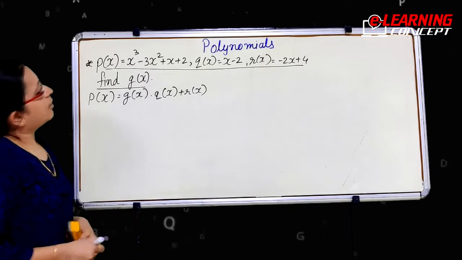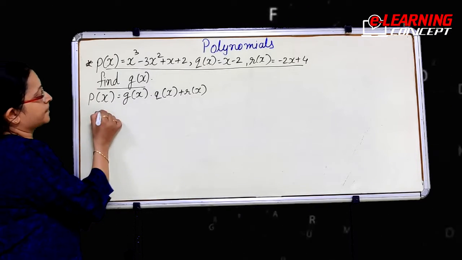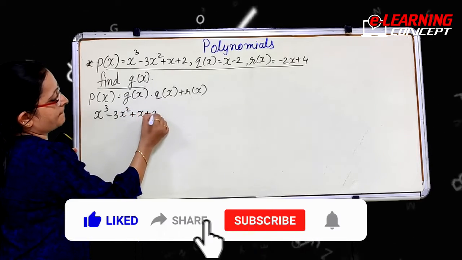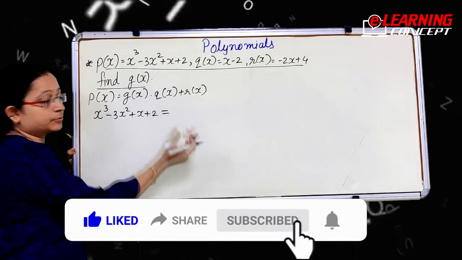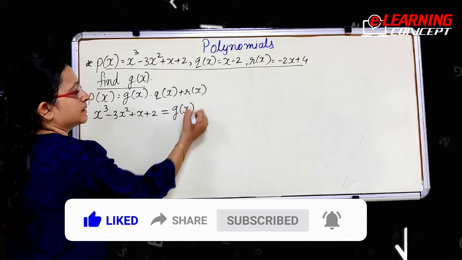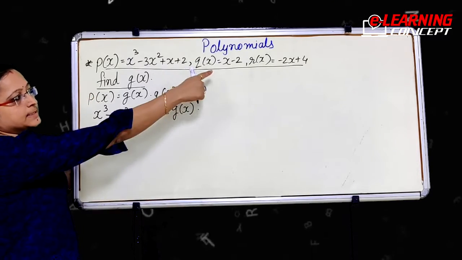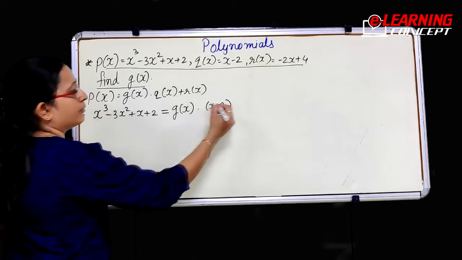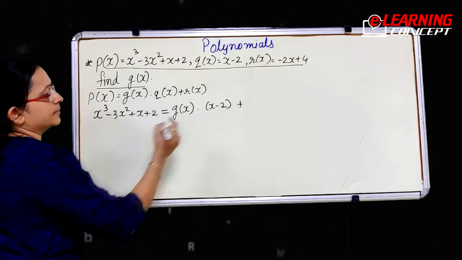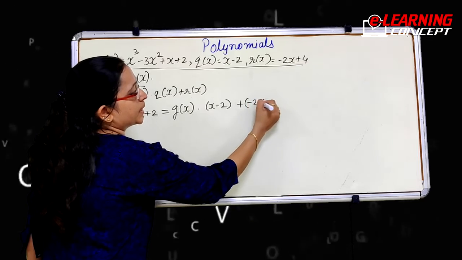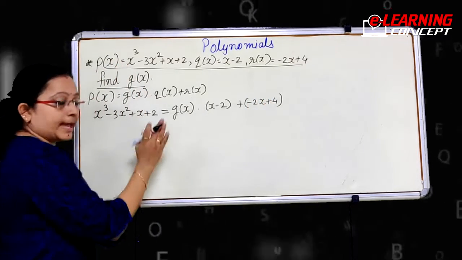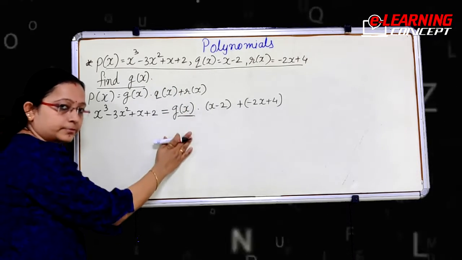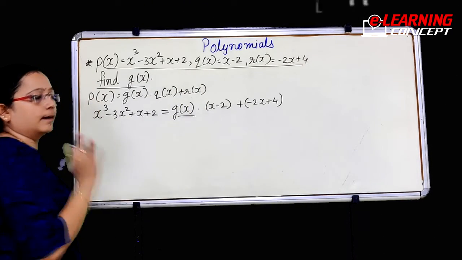So here p of x that is given is equal to g of x, which we have to find, let it be as it is, into q of x, which is given as x minus 2, plus r of x, which is given as minus 2x plus 4. As we have to find g of x, it should be on one side and the rest of the things will go to the other side.